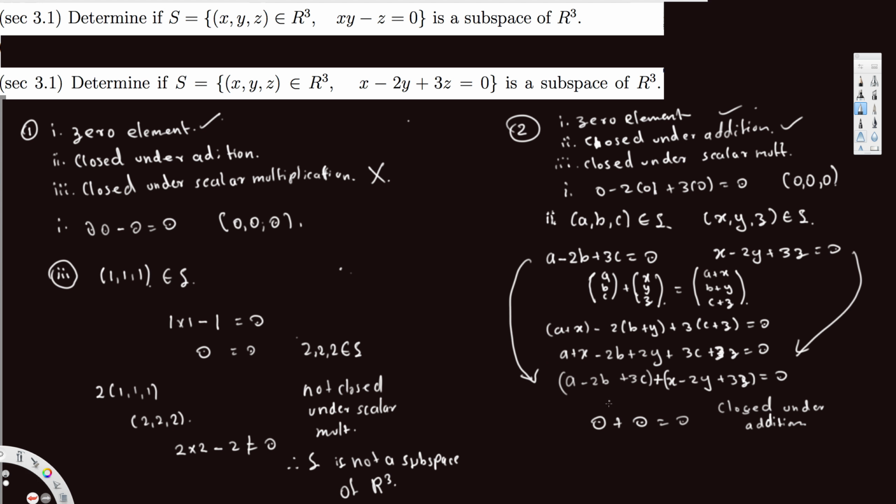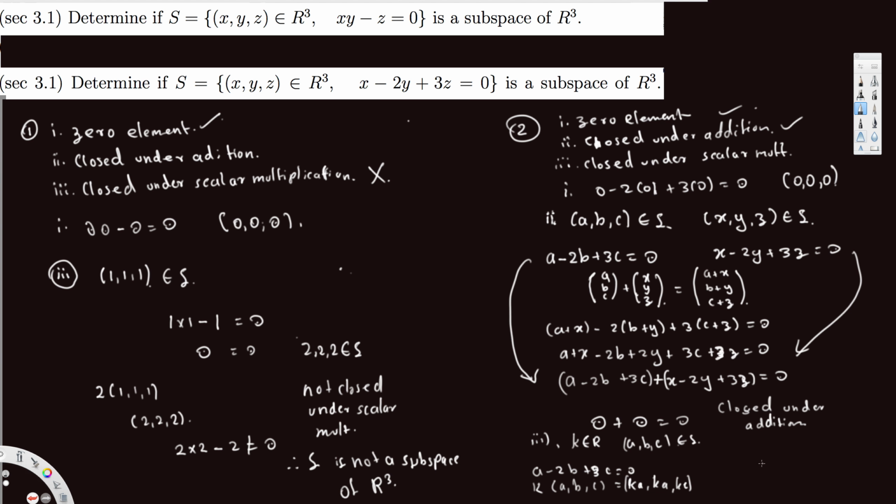The third one is I have to do the same thing for closed under scalar multiplication. Let's say k is a constant, any real number, and (a, b, c) belongs to the subspace. Then we know that a minus 2b plus 3c should be equal to 0. It should be true for scalar multiplication. If I multiply (a, b, c) by k, we get (ka, kb, kc).